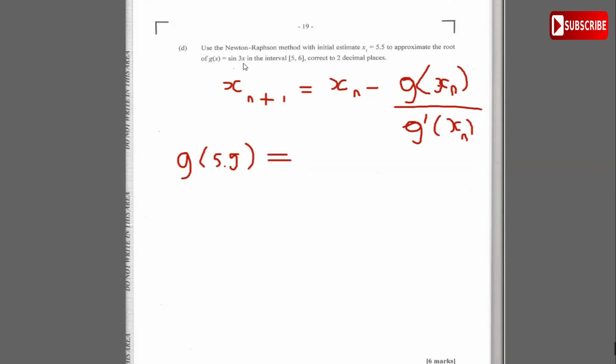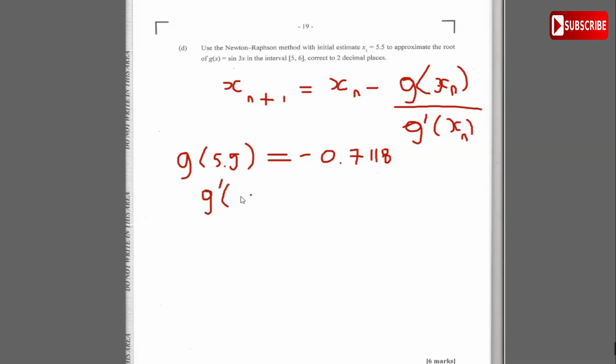So you have sine of 3 times 5.5, and 3 times 5.5 is 16.5. The sine of 16.5 is negative 0.7118.